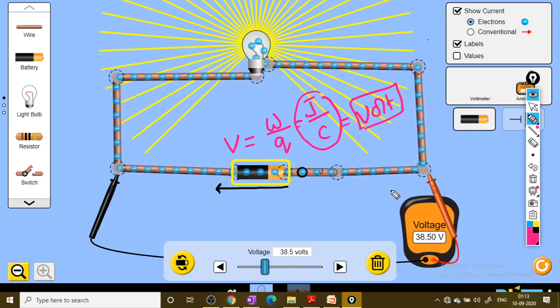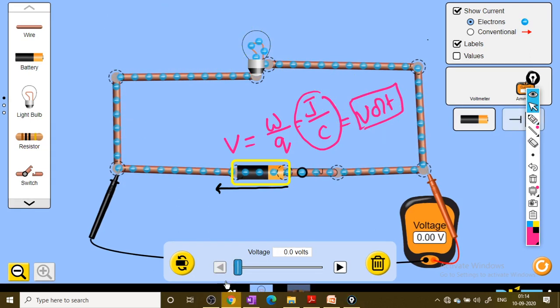That electric energy comes because of the chemical reactions and chemical components which are present inside the cell. If those chemical reactions get over, then the potential difference of the cell becomes 0. In this case, the cell is dead. All the chemical components and the chemical reactions inside the cell, they got over.